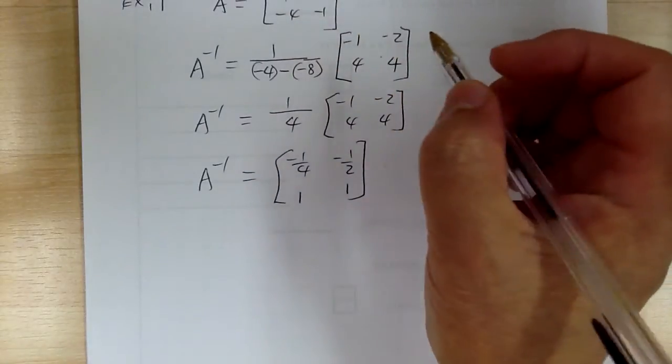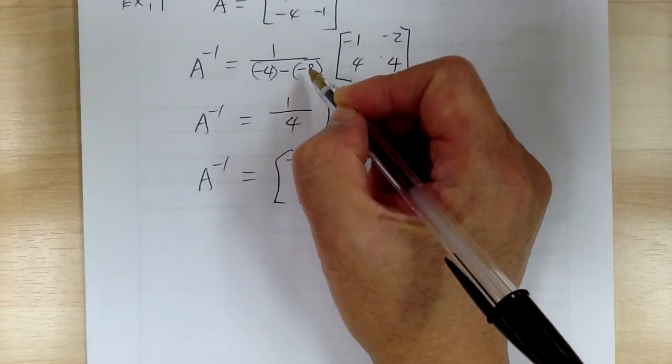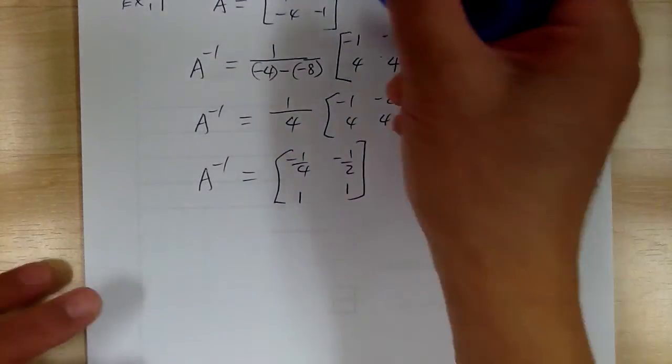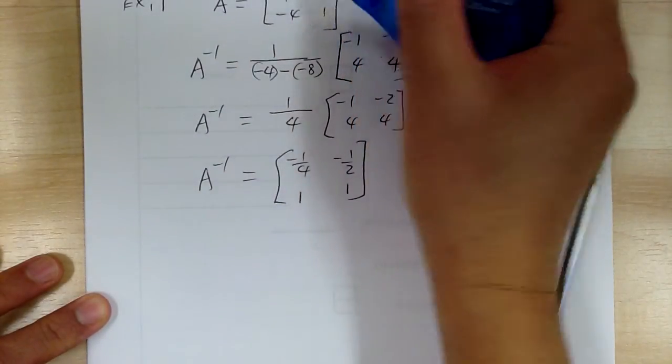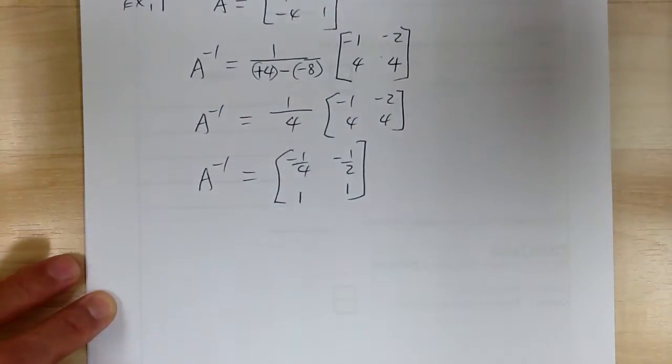Something is not right. It's 12. Oh, I copied the problem wrong. There's no negative right over here. Sorry about that. Okay, that makes a whole lot of difference. Let me change everything.